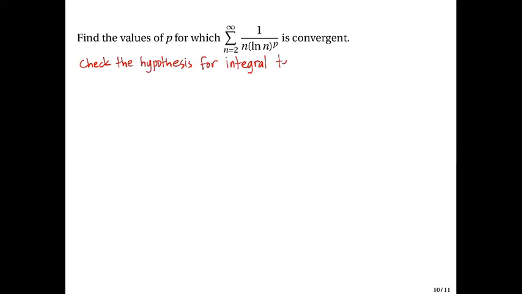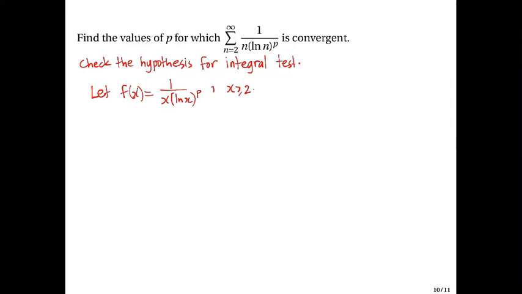So we do that. We start with the function f of x equals 1 over x times ln x to the p, of course here x greater than or equal to 2. Then you check the conditions, and the integral test can be applied.